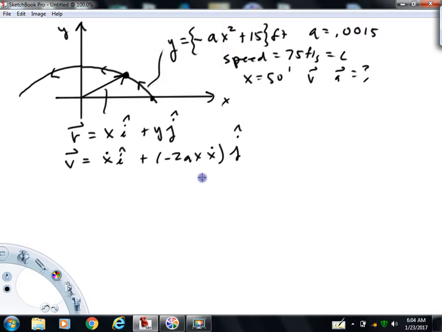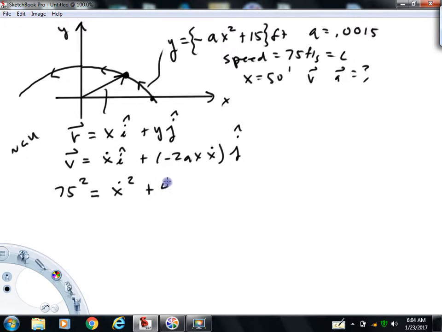To move on, we have to understand how the speed relates to this vector. This is the velocity vector, and the speed is the magnitude of that vector. So I can write out a Pythagorean theorem equation for this, and again I'm going to put NCU for note consistent units. The magnitude, 75 feet per second squared, is going to equal x dot squared plus the y component squared.